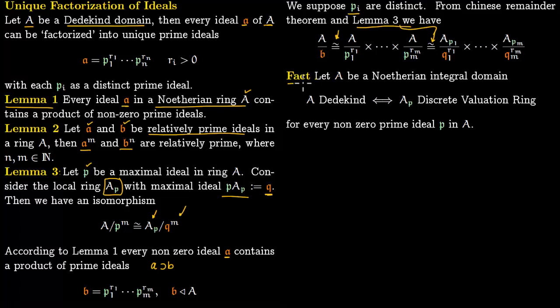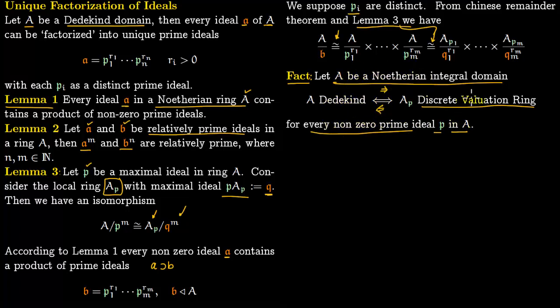So now we use a very important fact. Let A be a Noetherian integral domain. Then A is Dedekind if and only if A localized at P is a discrete valuation ring for every non-zero prime ideal P in A. So this direction is easy. To show this direction requires a lot more work.